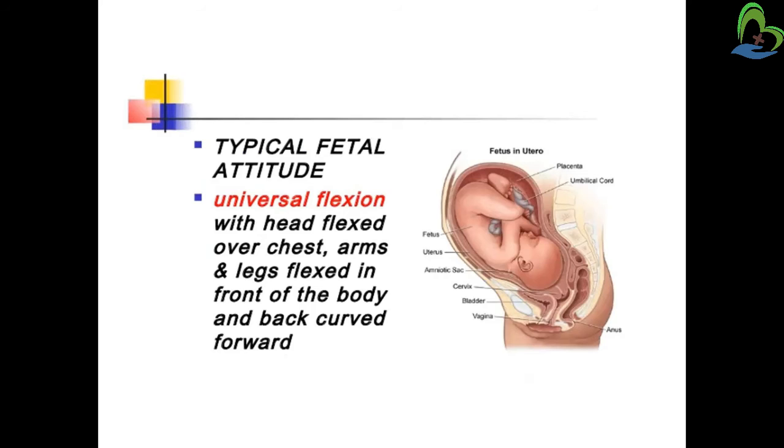That is the most common attitude of the fetus. First one is universal flexion with head flexed. You can see in the picture also. The head is well flexed over the chest, arms and legs flexed in front of the body, and back curved forward. So it is the typical universal flexion attitude.